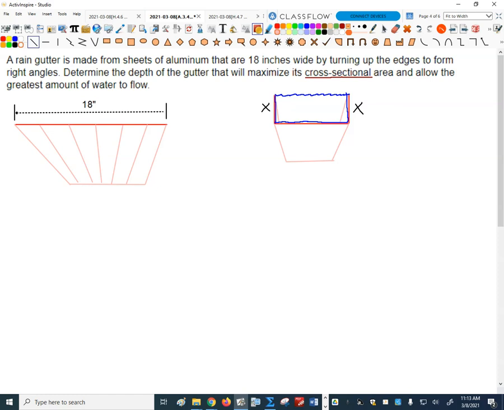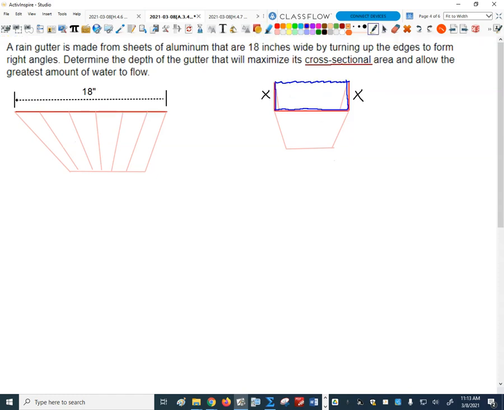Okay, so I want to be able to calculate the area of this cross section. Well, just like before, you already told me that the area of a rectangle is just length times width, or in this case, depth times width, right?